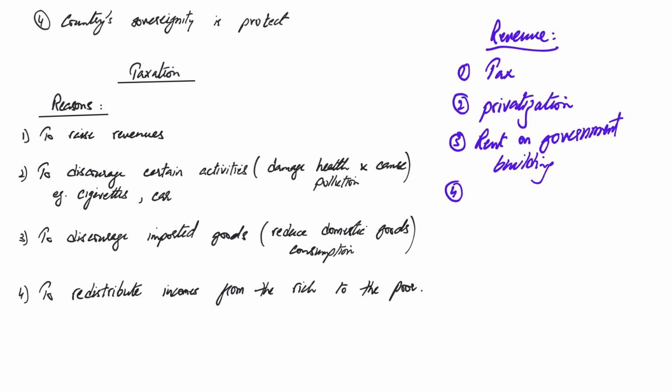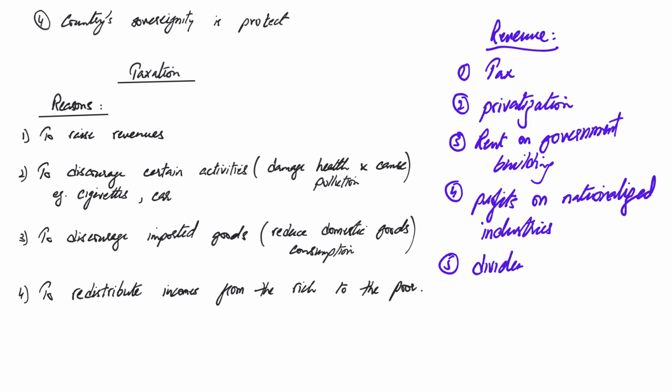फिर उसके अलावा it could be profits on nationalized industries. Nationalized industries are the ones which are owned by the state. They can get money from there as well. उसके अलावा they can even make, if government owns shares in private enterprises, dividend incomes.